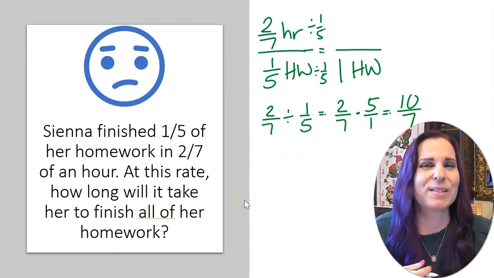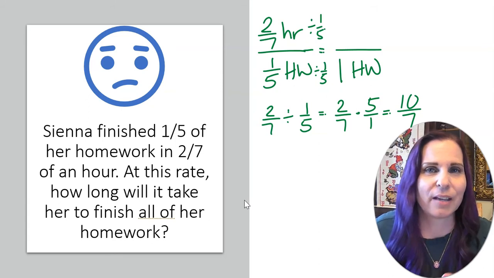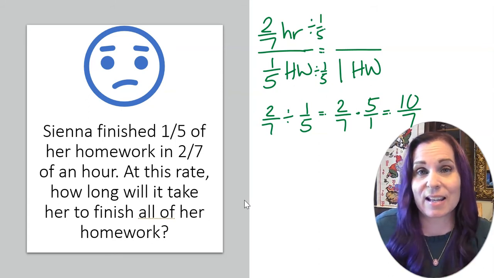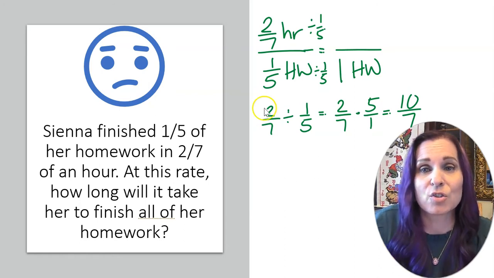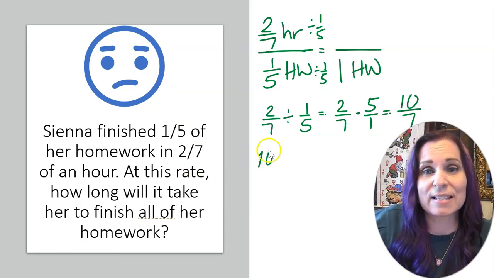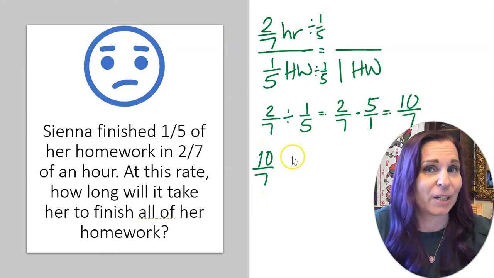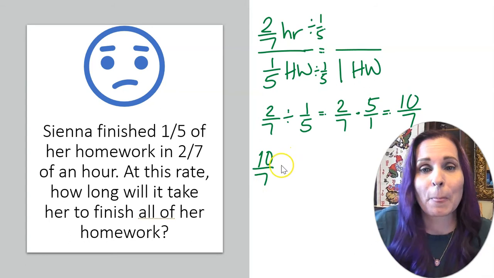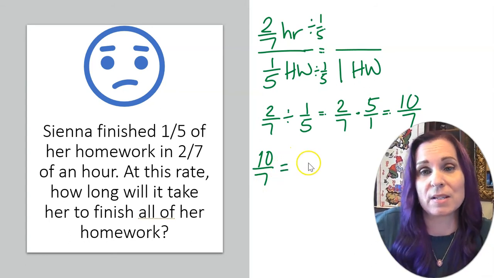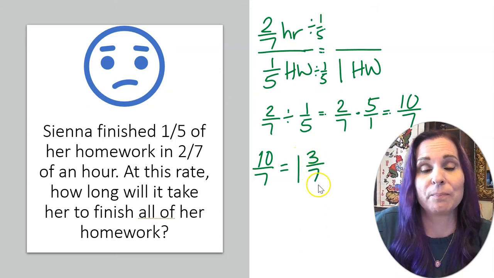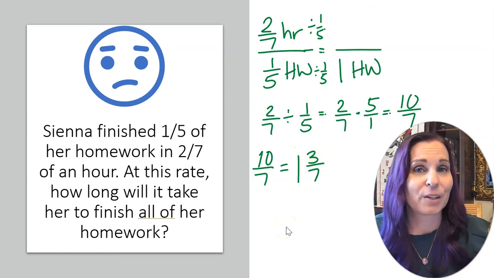Now, you probably wouldn't say 10/7 hours. It doesn't really sound like it makes sense to say in a real world context. So you might take that 10/7 and convert it to a decimal by doing 10 divided by 7. Or I'm going to convert it to a mixed number. 7 goes into 10 once with 3 left over. All right.